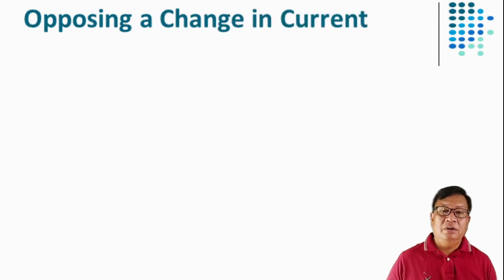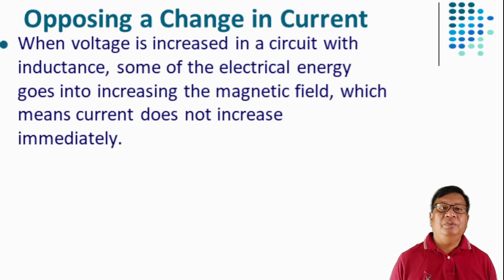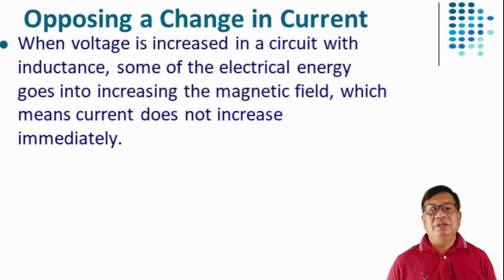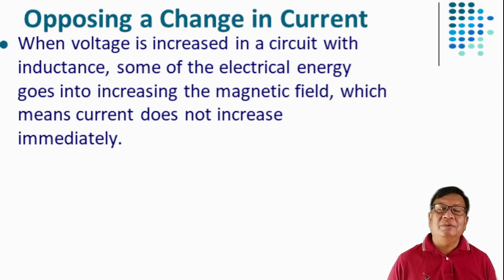Okay, so we have this, ano po ito, mayroon itong tinatawag na opposing a change in current. When voltage is increased in a circuit with inductance, some of the electrical energy goes into increasing the magnetic field, which means current does not increase immediately.